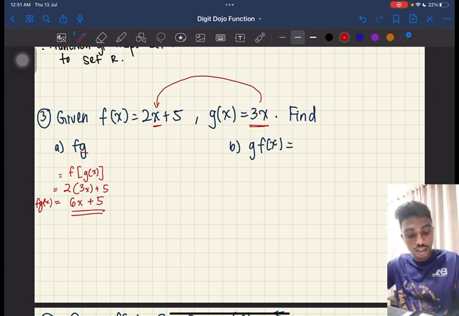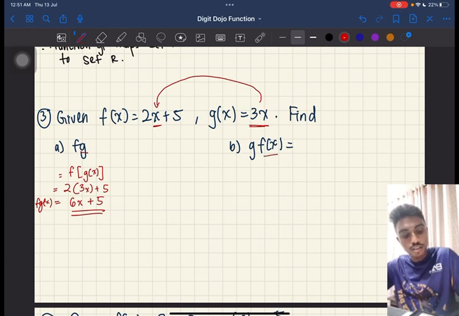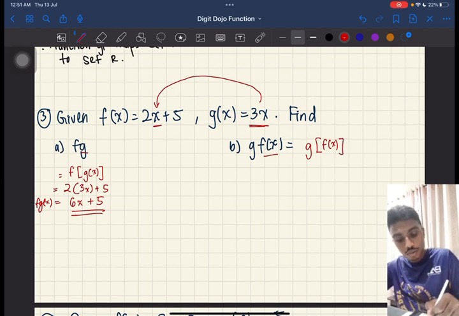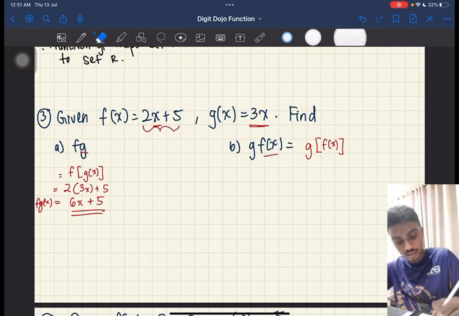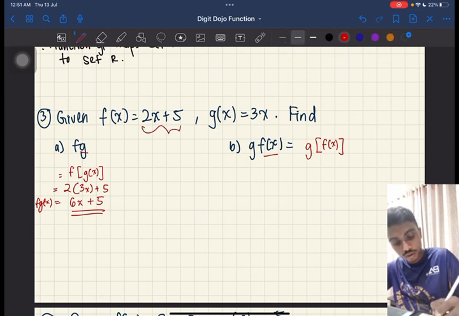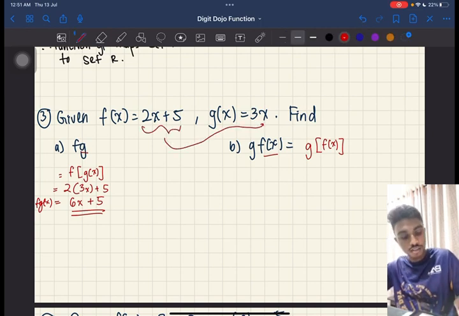How about gfx? fx comes first, so write your gfx. Now you have to substitute your fx into gx, which means this whole thing. Let's erase this one first. This whole thing you have to substitute at your x place.